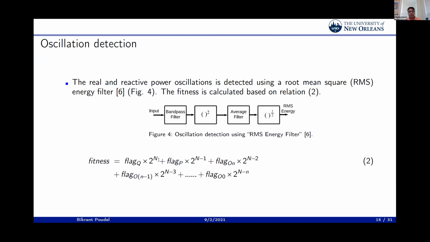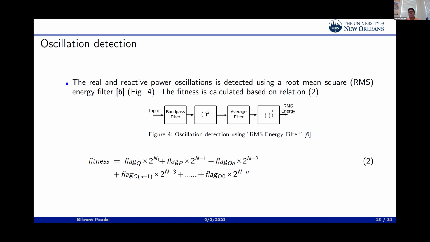For the oscillation detection, we are implementing an RMS energy filter. It simply takes inputs, uses some bandpass filter, squares it, then averages the value out and takes a square root of that. And after this, if you get some value, that means there is an oscillation.